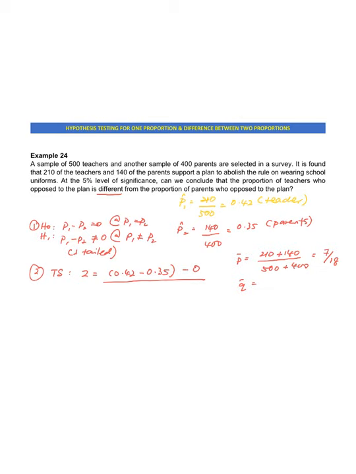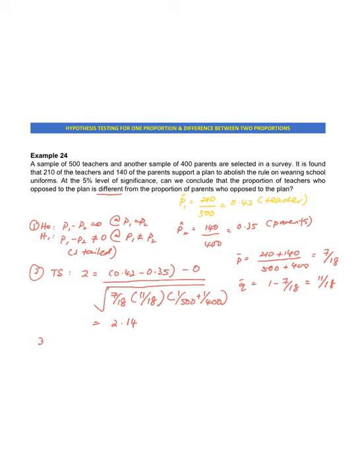Now we can put the values below. This one is p̄ times q̄, 7 over 18 times 11 over 18, times 1 over n1, 1 over 500 plus 1 over 400. And then finally we get the value of Z equivalent to 2.14.